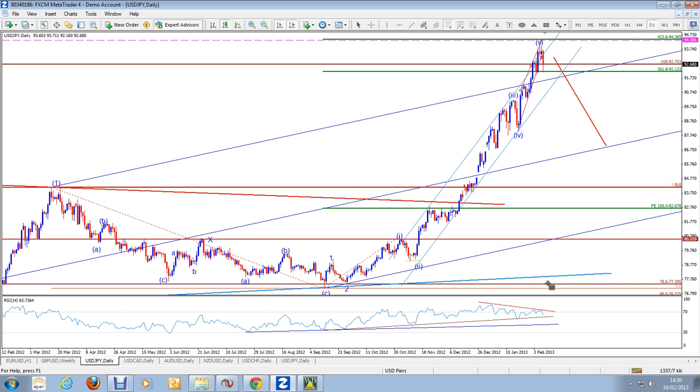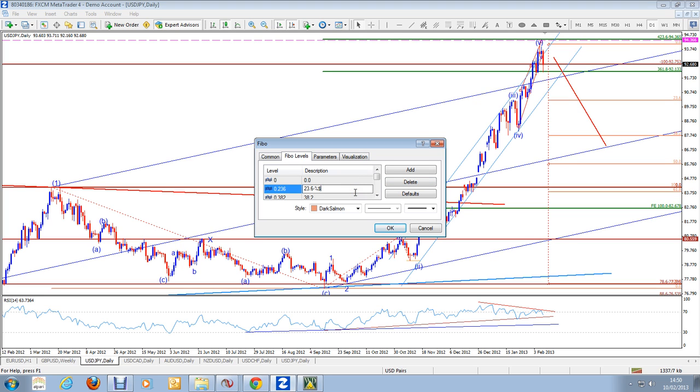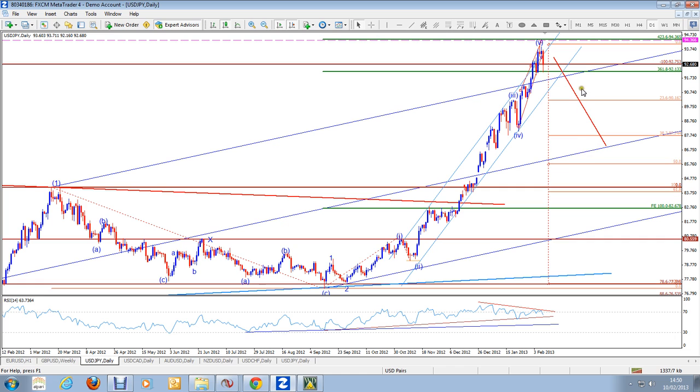So for example, if I put that fib retracement on here, around there, we're expecting a drop, an ABC into here at 90, and then go up for the final leg to complete the cycle here before we do a lot bigger retracement.